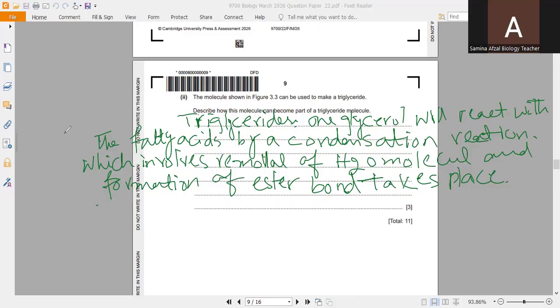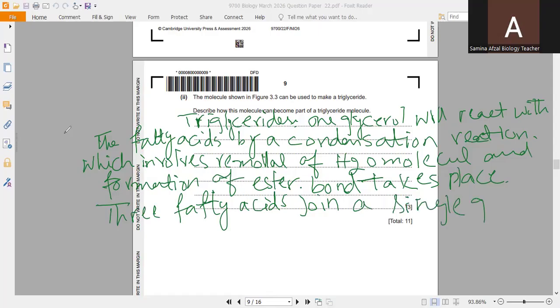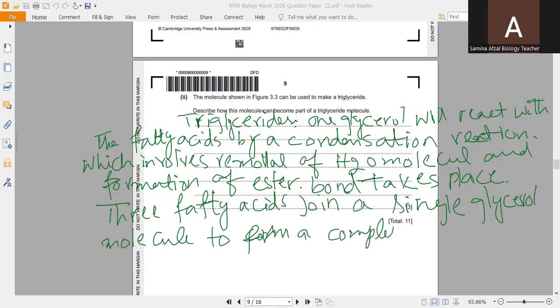So three fatty acids join a single glycerol molecule to form a complete triglyceride.